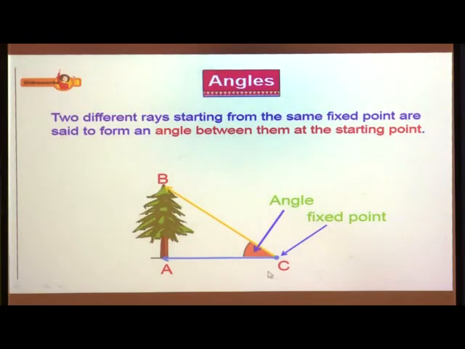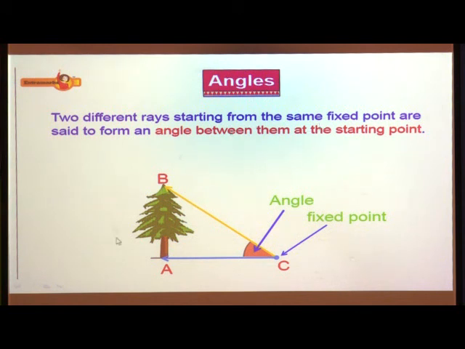Now we will see about angles. Two different rays starting from the same fixed point are said to form an angle between them at the starting point.